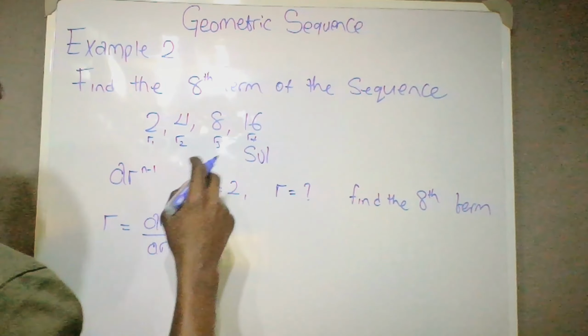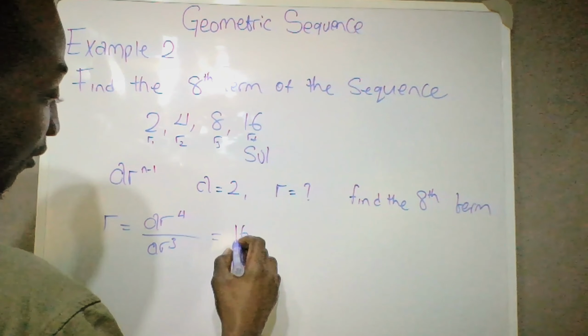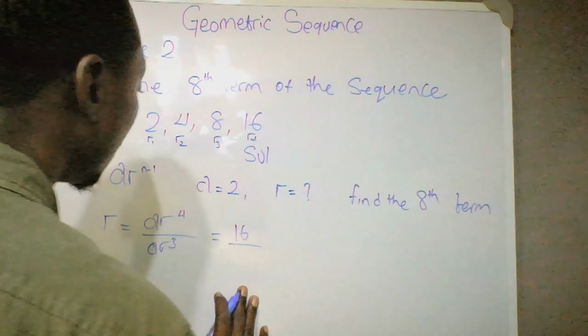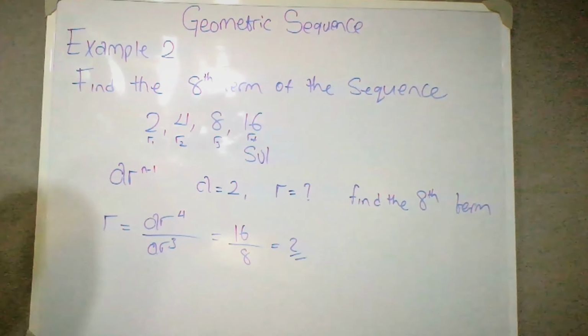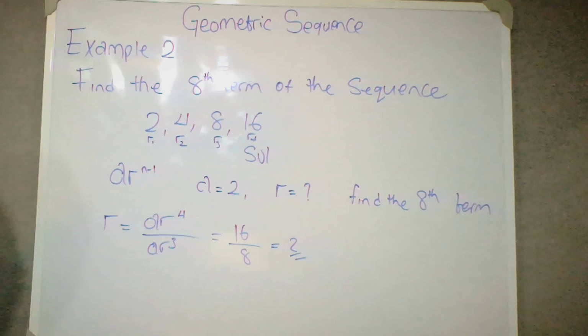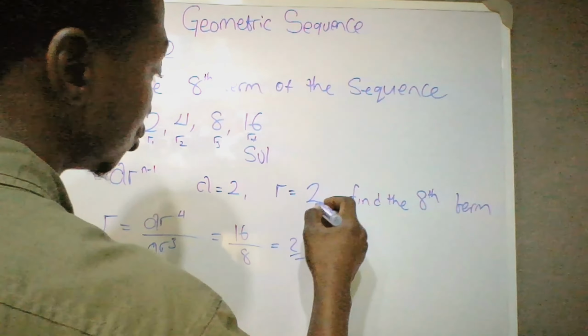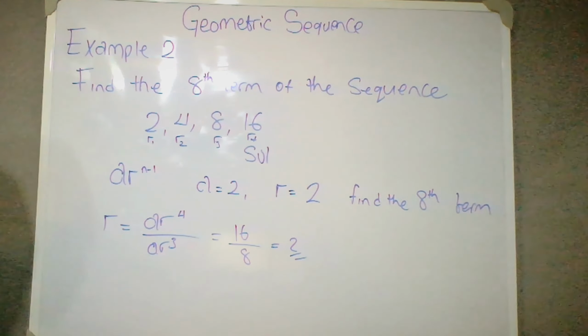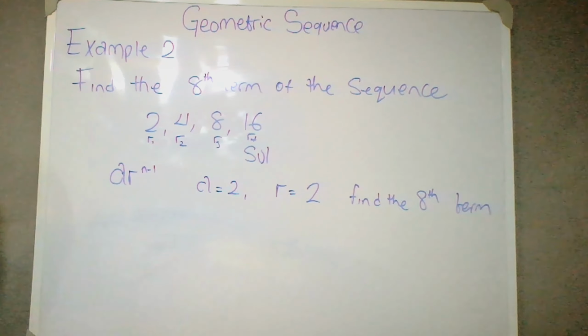For a r raised to power 4 we have 16, and for a r raised to power 3 we have 8. So our common ratio is no longer unknown as we have solved for it. It is 2. That's that, we've gotten the common ratio.